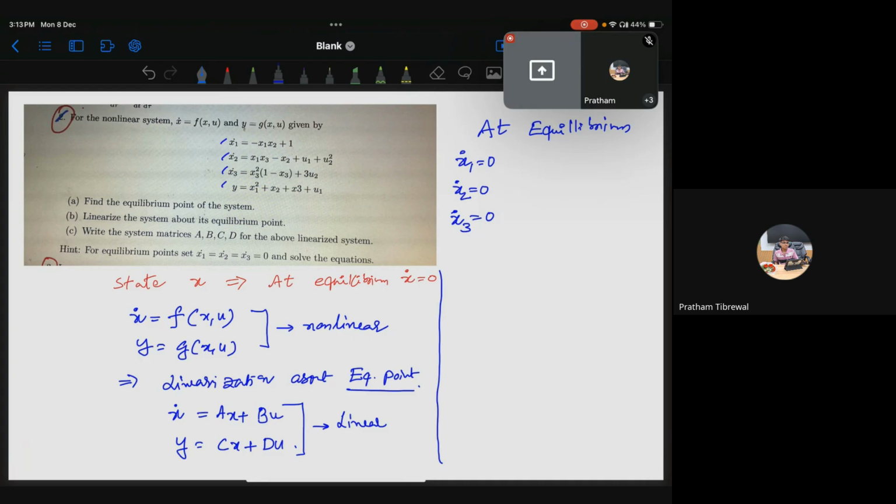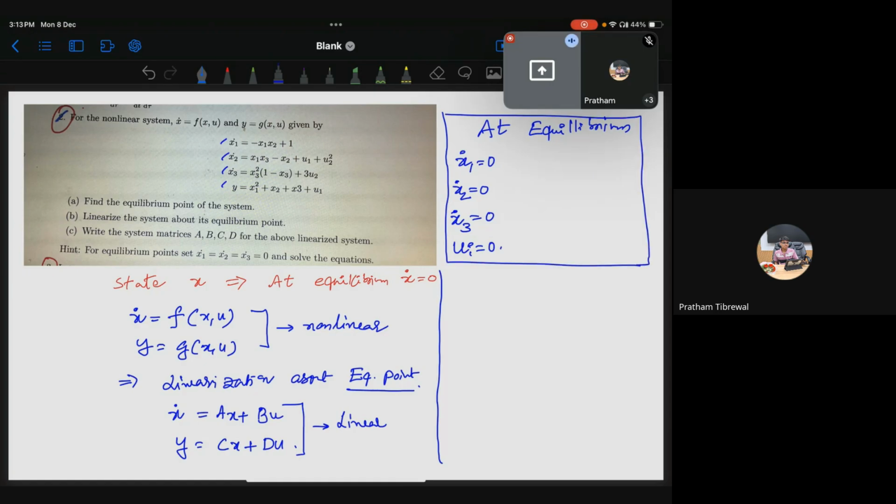Along with these, all inputs also become 0. So these are the conditions for equilibrium.